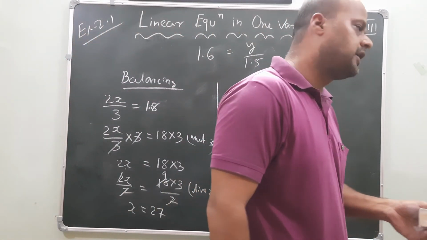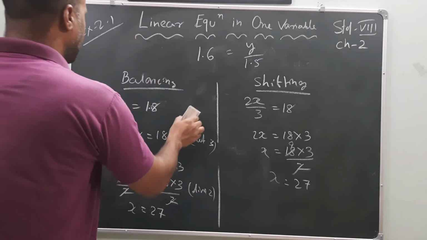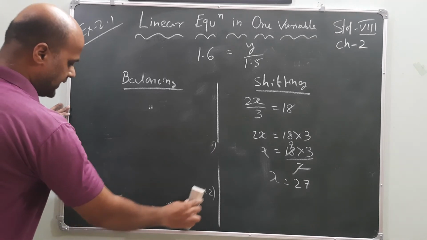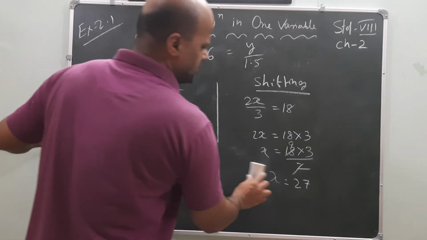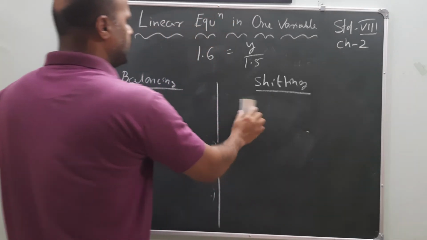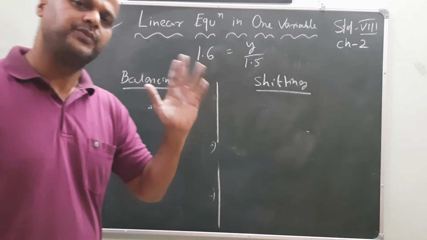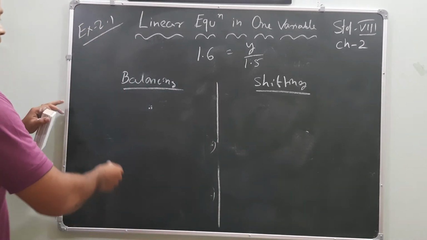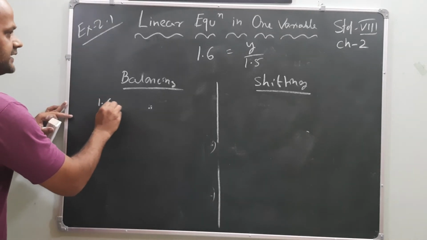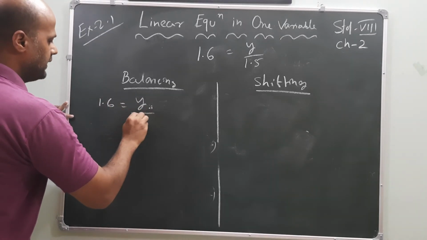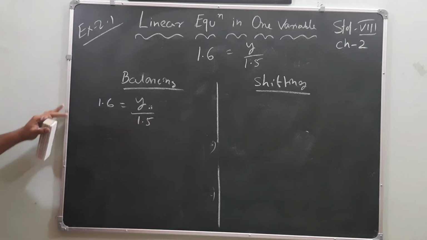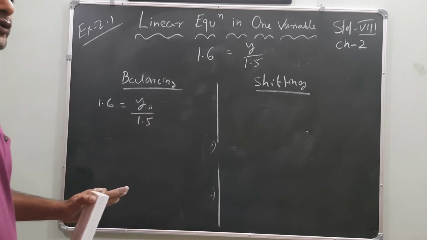Now my dear friends, let's do it by both processes. No problem, whether you use the shifting method or the balancing method, it is okay. So 1.6 is equal to y by 1.5. So what do you have to do?